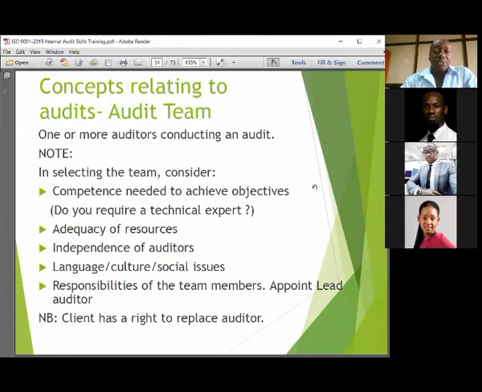Language, cultural, social issues are not really a major issue when you are auditing your own organization, but in case you are sent to audit an organization or one of the branches, maybe you'll have a branch in India in the future, you want to see, if you send Mutaidia there, does he understand Gujarati?